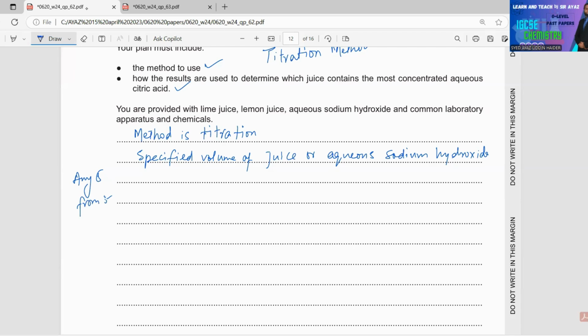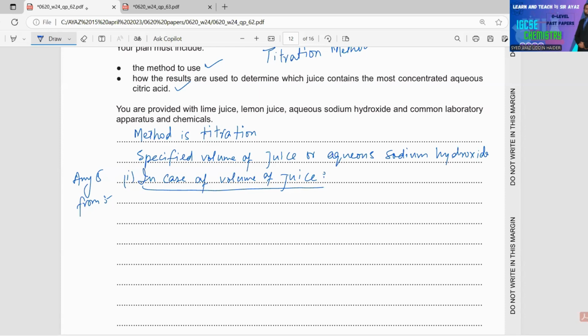In case you are taking juice for titration, number 1, in case of volume of juice, it means that you are going to titrate it with the aqueous sodium hydroxide. So these steps will be followed.